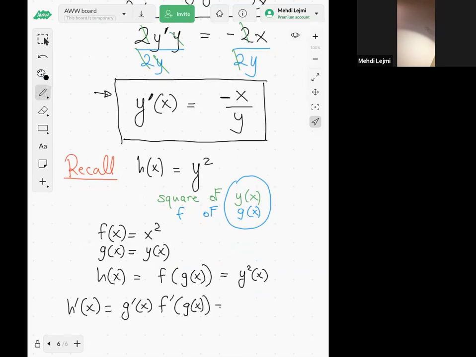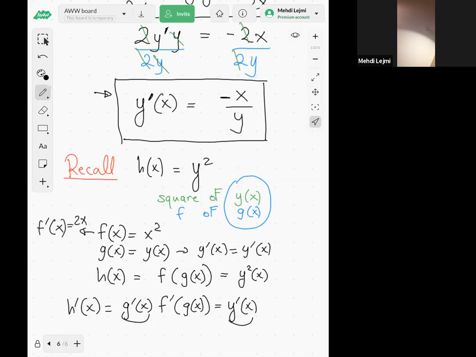So what's g prime? Well, g is y, so g prime is just y prime of x. Now, what's f prime? Well, f of x is x squared, so f prime of x is 2x.